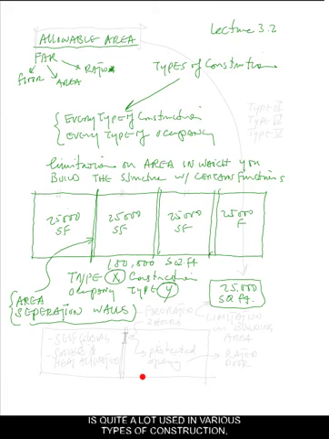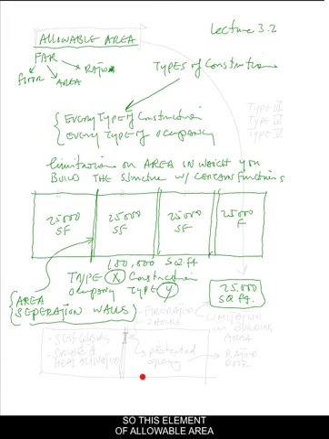This, as I said, is used quite a lot in various types of construction, especially in retail, and especially in areas that you are building with hybrid types of construction. Remember, type 3, type 4 was heavy timber, and type 5 was a full hybrid, where you can use wood, which is a combustible material, and non-combustible materials such as concrete and steel.